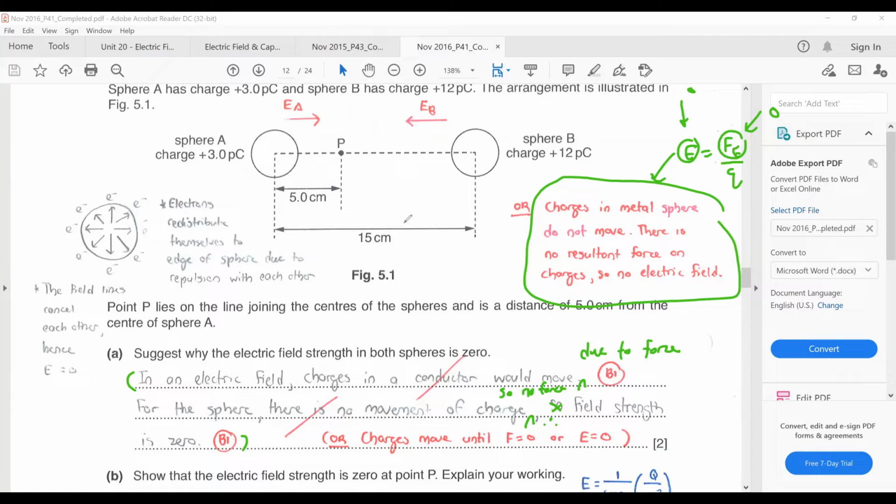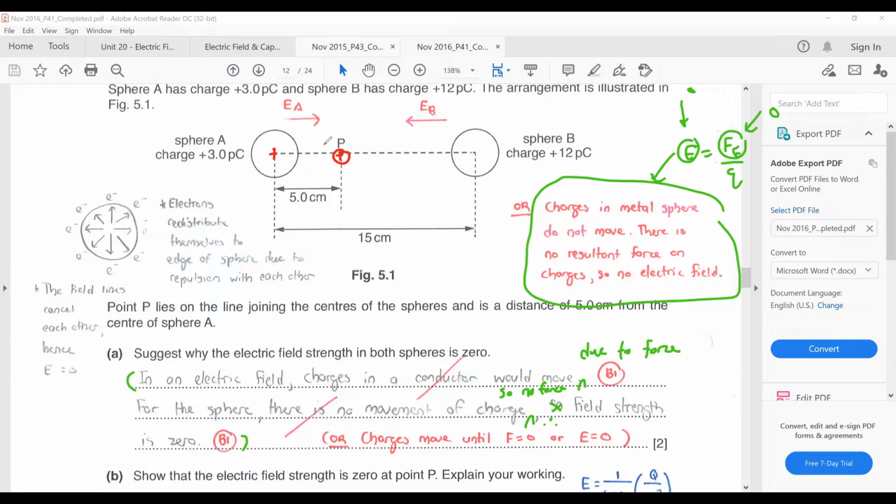So in my case here, I usually would use a positive test charge to test the field. Say at a point P here, I go and put my positive test charge here. Sphere A is positive. What will be the direction of force acting on the test charge here?